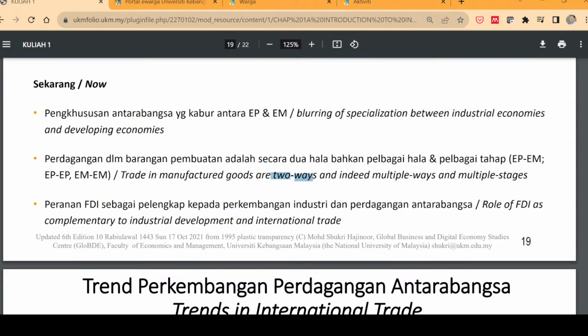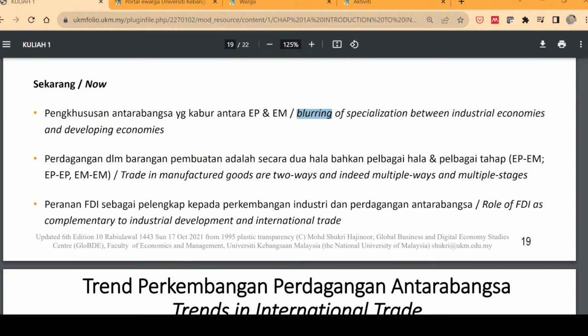So what happened today is a blurring, not clear, blurring of specialization between industrial economies and developing economies, because more and more developing economies are now becoming exporters of manufactured goods. That began with Japan joining the developed countries, and then followed by Korea, for example, which became an exporter of manufactured goods.